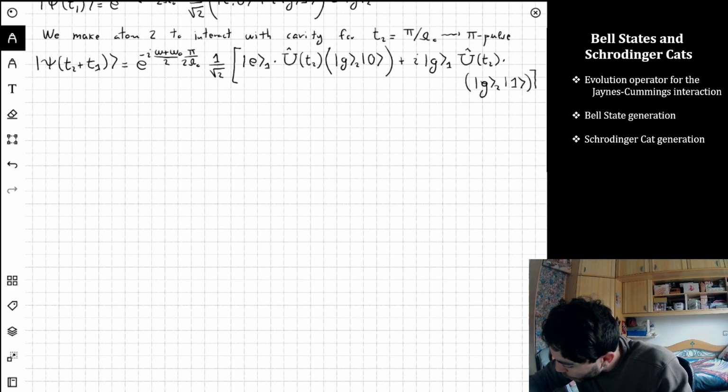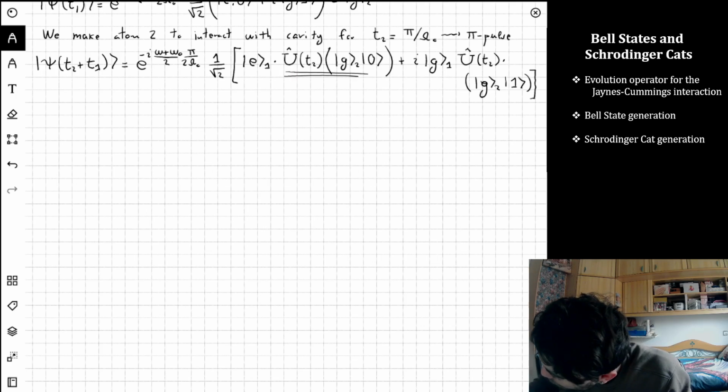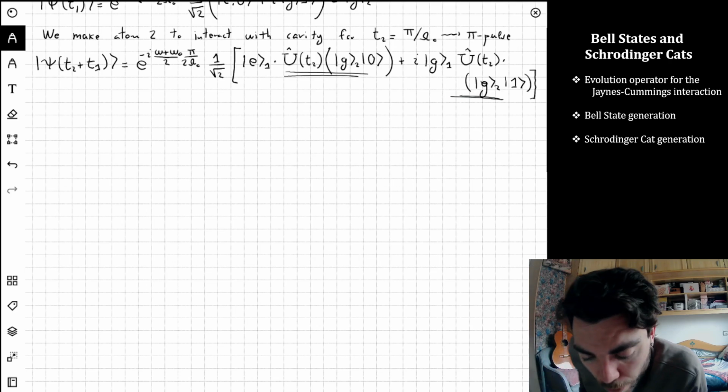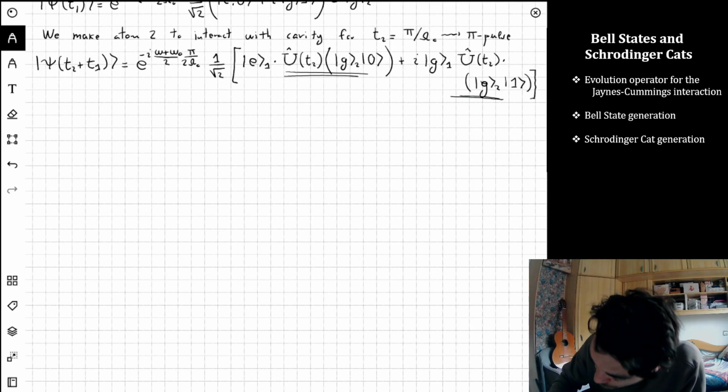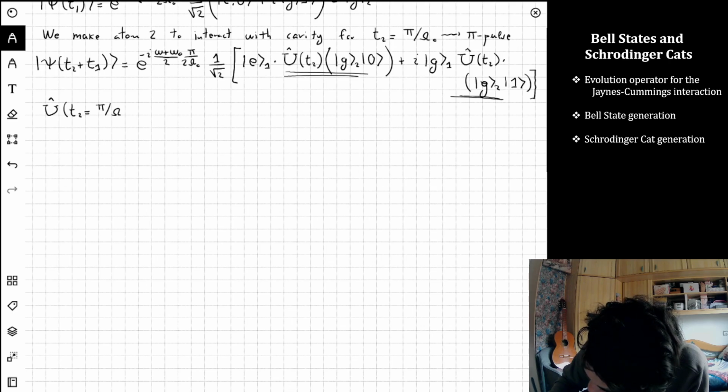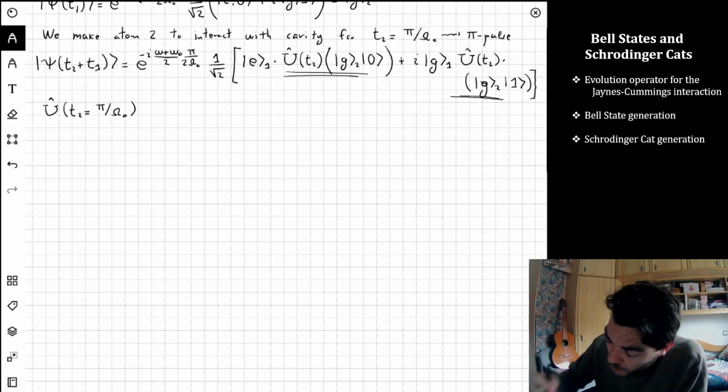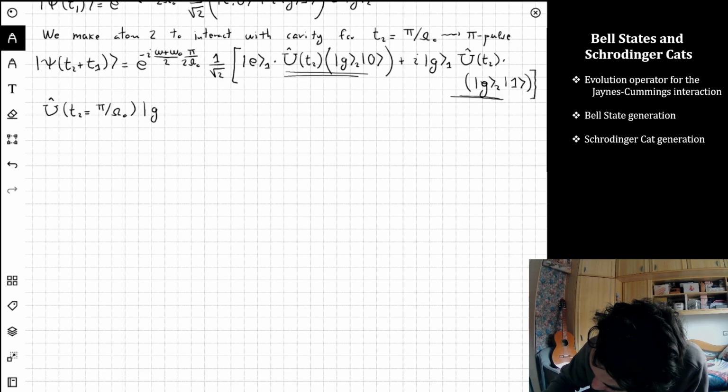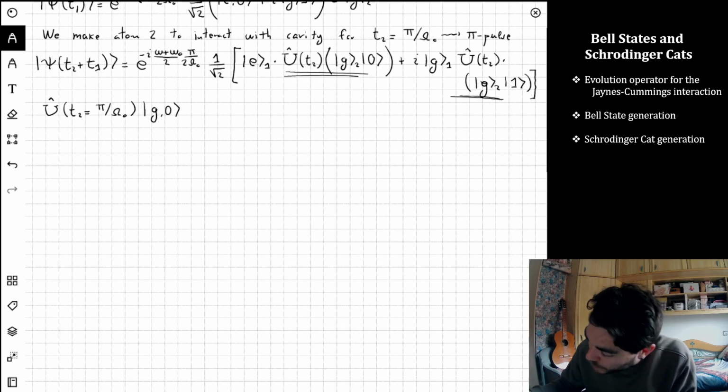So the only thing we need to do now is to calculate these 2 states. But again, we can just do the math because we know. For example, we know the unitary operator u at the time t2, which is pi over omega 0, applied on the state g0, which is this state, just removing the label of atom 2.